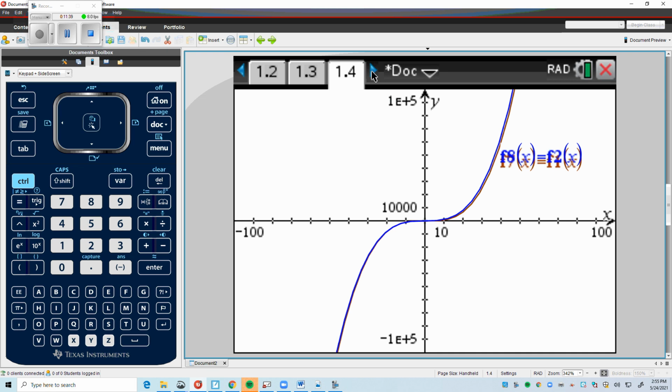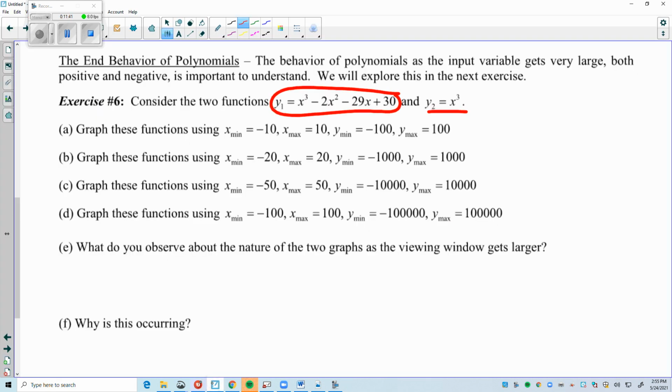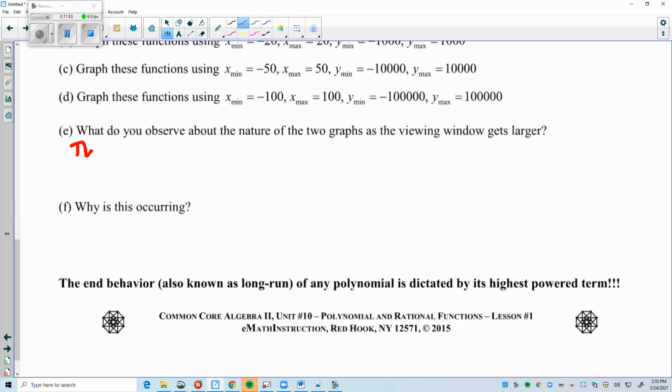So it's asking us, what do we observe about the nature of the 2 graphs as the viewing window gets larger? As it got larger, we could say the more complicated or complex graph, the one that had all the extra stuff besides the x cubed, started to look like that x cubed graph.